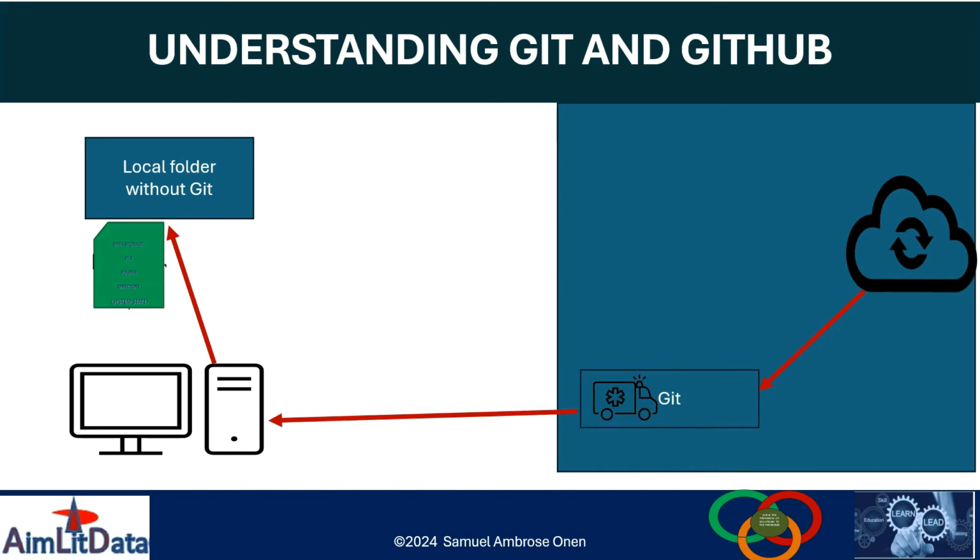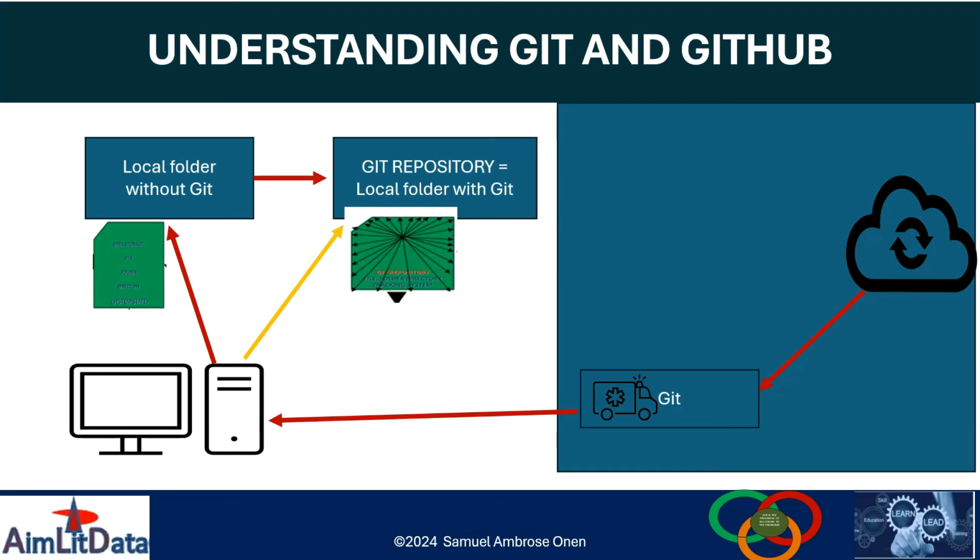So once you have Git running on your local machine, you see the local machine here, the Git program will be sitting there without having any impact on any of the folders. At that point, my friend, there's nothing much you can do with Git, and I have demonstrated this in the previous video.